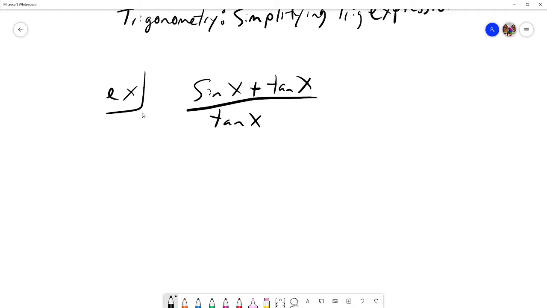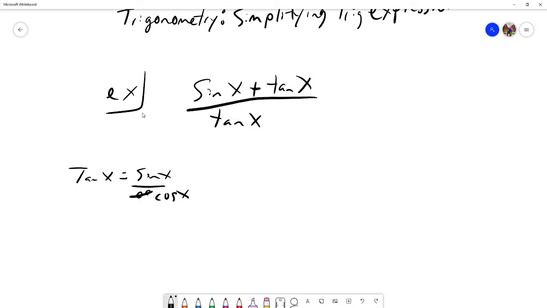one possible first step to think about is how can I change this in terms of sines and cosines perhaps? Because I can remember that tangent x is equal to sine x over cosine x.